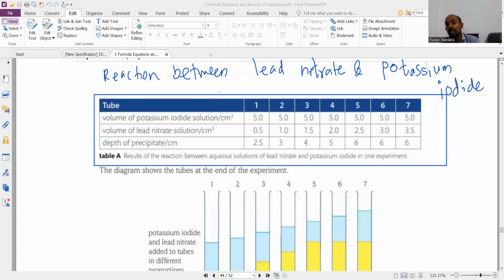That means they react according to this ratio. One lead nitrate will react with 2 potassium iodides.